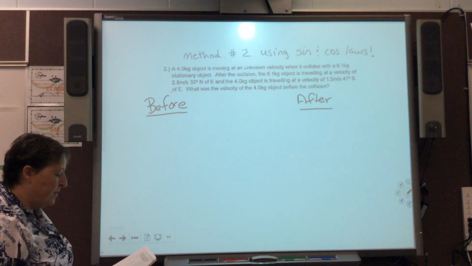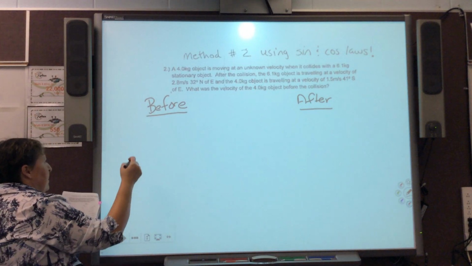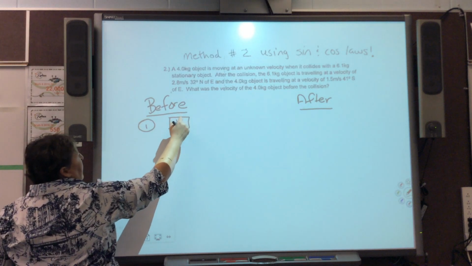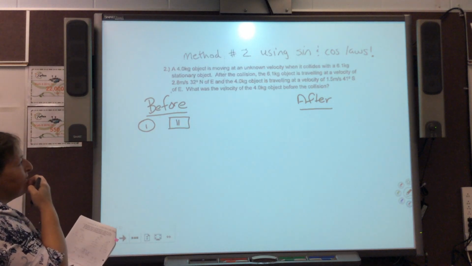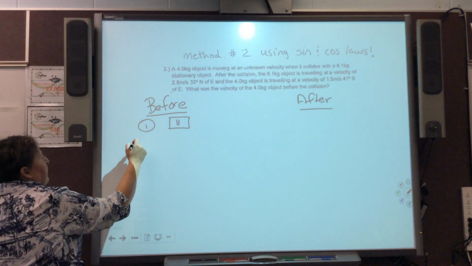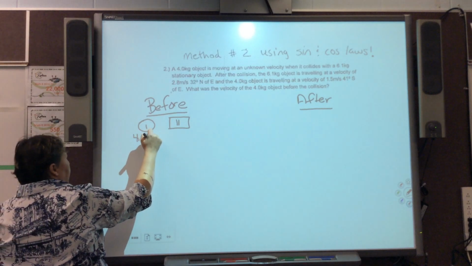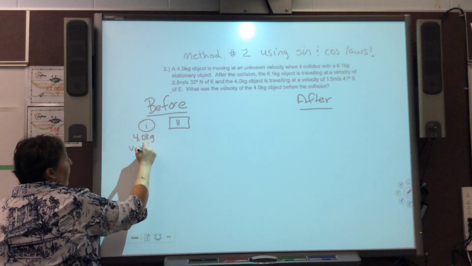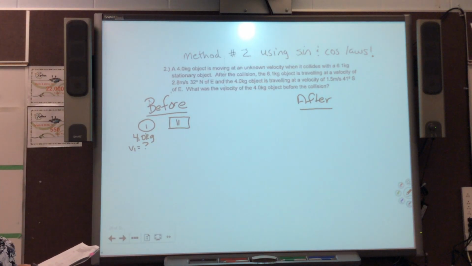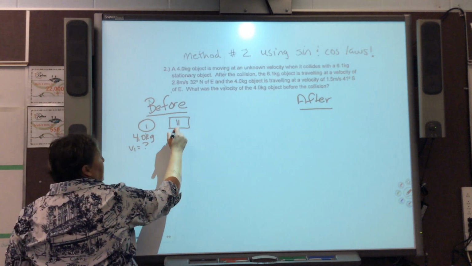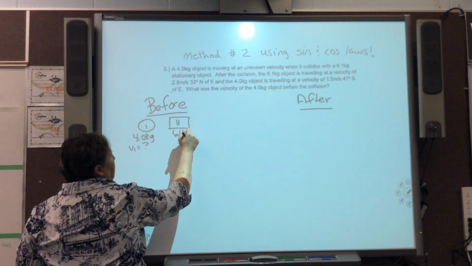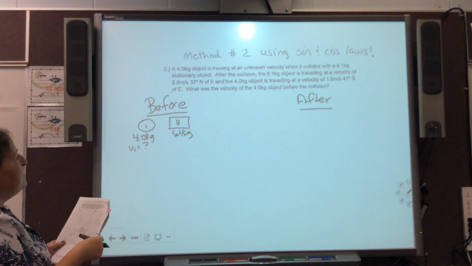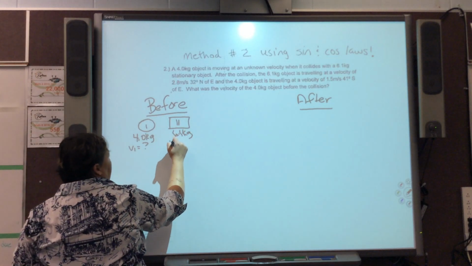Always set it up so you know what you're doing. So we had cart 1 and cart 2. And we're looking for the velocity before of the 4 kilogram object. This is 6.1 kilograms, and it collides with a stationary object.